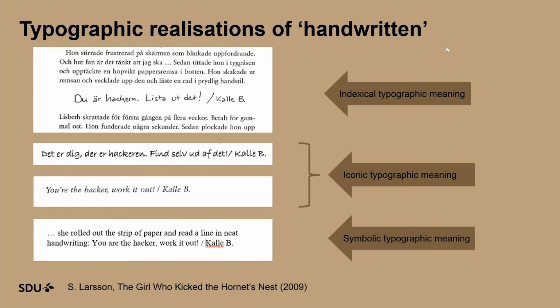Okay, so I have now presented an approach to typographic analysis that focuses on the communicative potential of typography, and it is an approach that focuses on what typography means and how that meaning is created. The main tools for analysis were those of the distinctive features of typographic use and the semiotic principles involved in typographic meaning making.